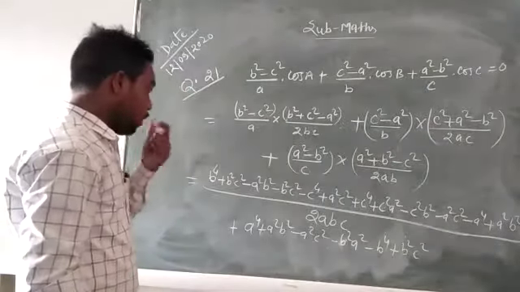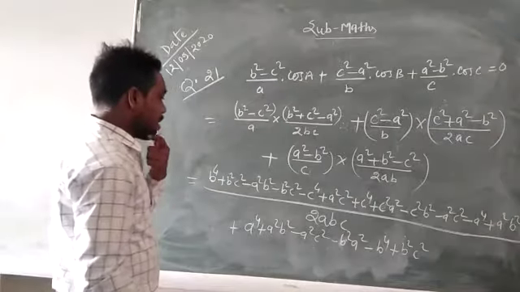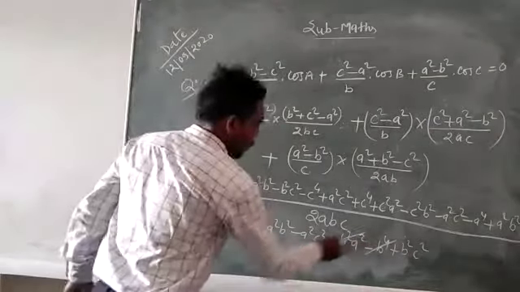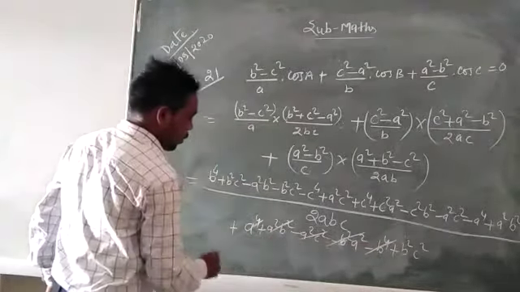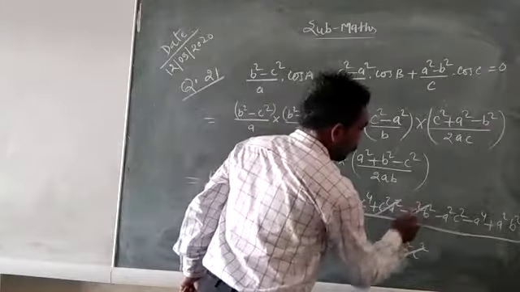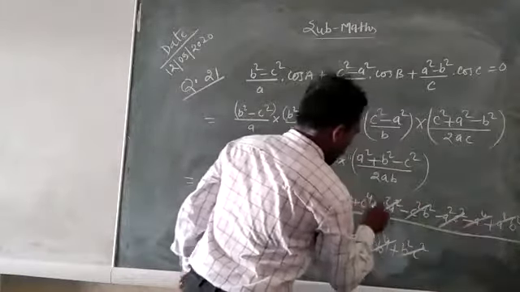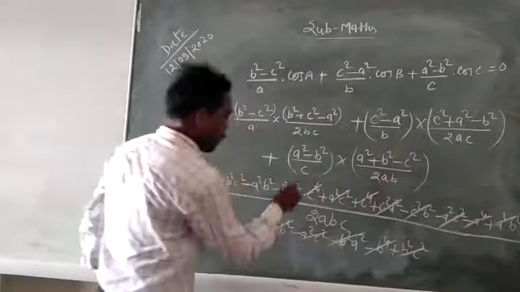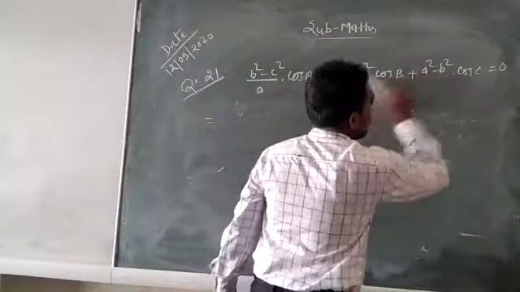Okay, when we cancel the minus and plus terms, all the values get cancelled and we get 0. So 0 divided by 2abc gives 0.